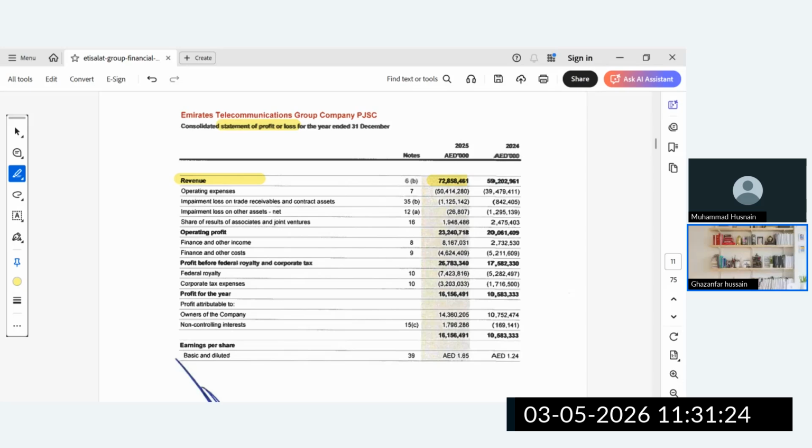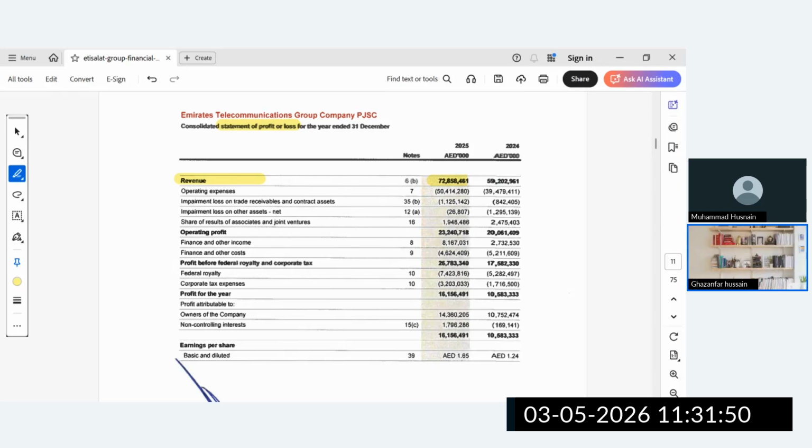I'm writing the additional word threshold. That is not written over there, but I'm just clarifying why we are calculating this revenue, because this is revenue threshold testing. Okay, so here you added 72.8 plus the 2 point something.